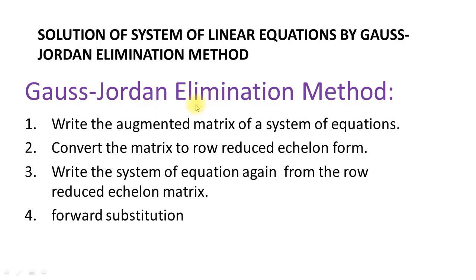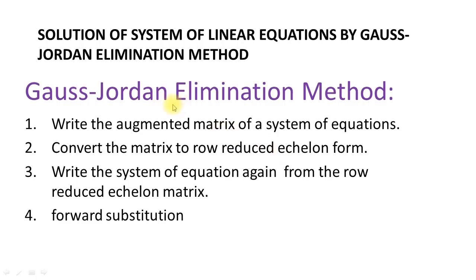When we solve a system of linear equations by Gaussian elimination method and by Gauss-Jordan elimination method, there is one difference. Gauss elimination method means to reduce the augmented matrix into echelon form, and Gauss-Jordan elimination means to reduce the augmented matrix into reduced echelon form.